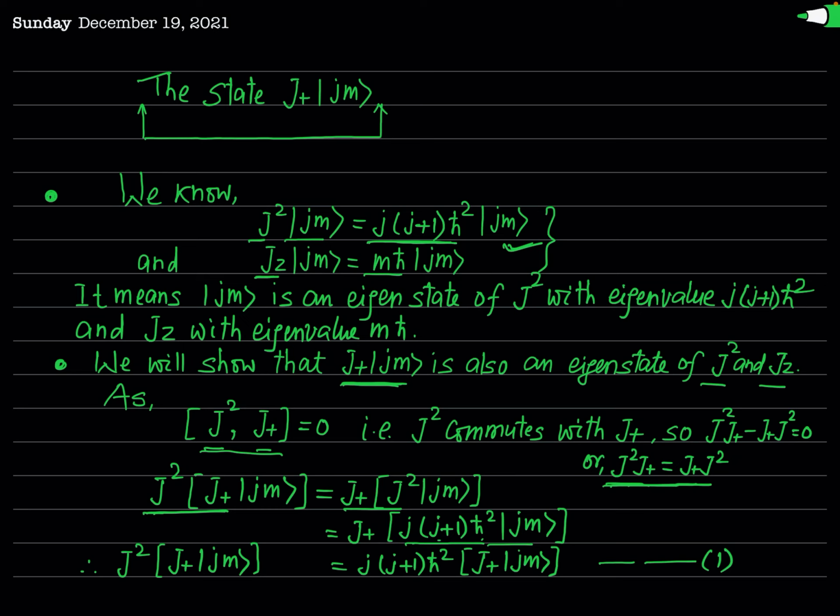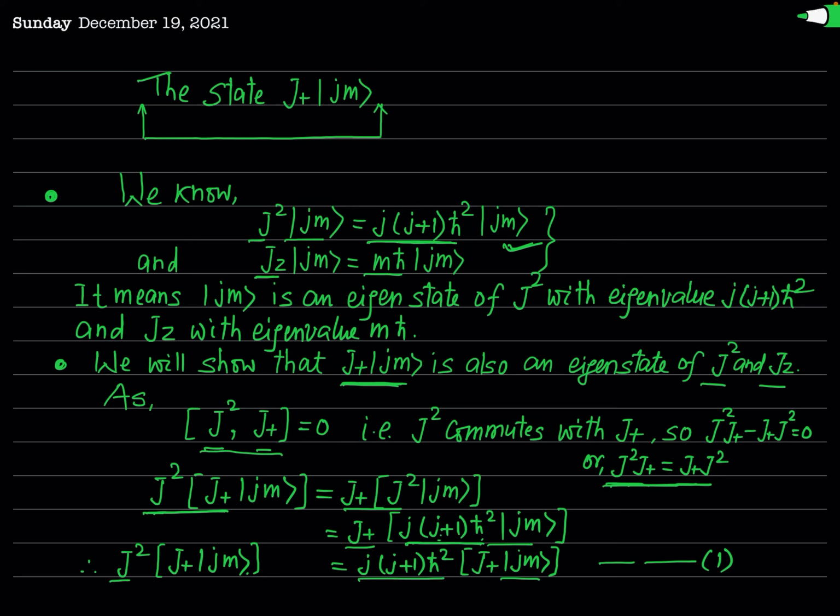Now since j times (j plus 1) h bar squared is just a constant, let us take it outside of this operator and operate J plus on the state |j,m>. So when J squared is operated on the eigenstate J plus |j,m>, our result is j times (j plus 1) times h bar squared times J plus |j,m>. You can see this equation here.